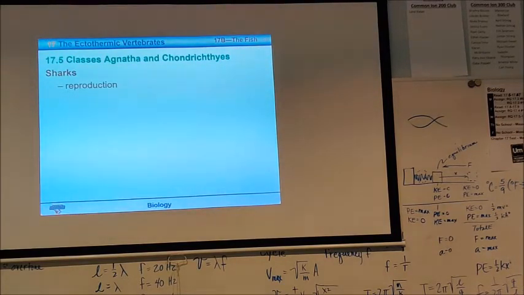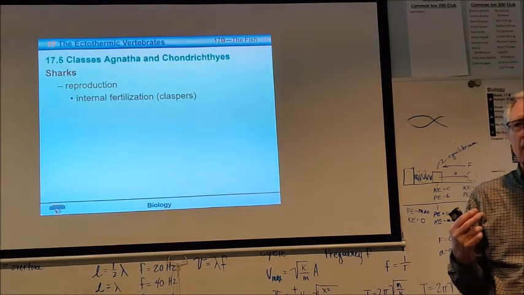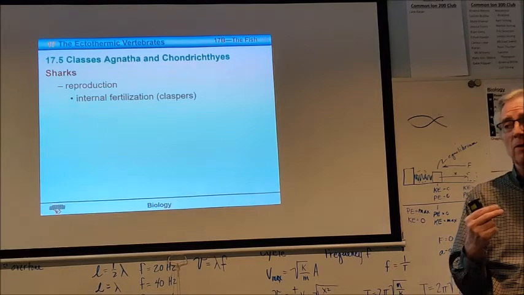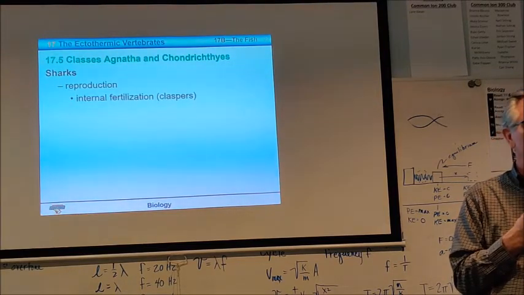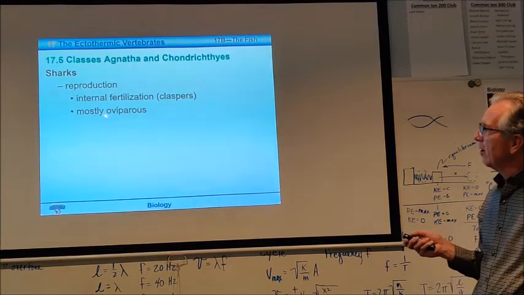Now, their reproduction is rather interesting compared to regular fish, so that's why we have to put them in a different category. They have internal fertilization. So mom has the egg inside, and dad, the male shark, will deposit sperm inside her body. And most of them are oviparous.